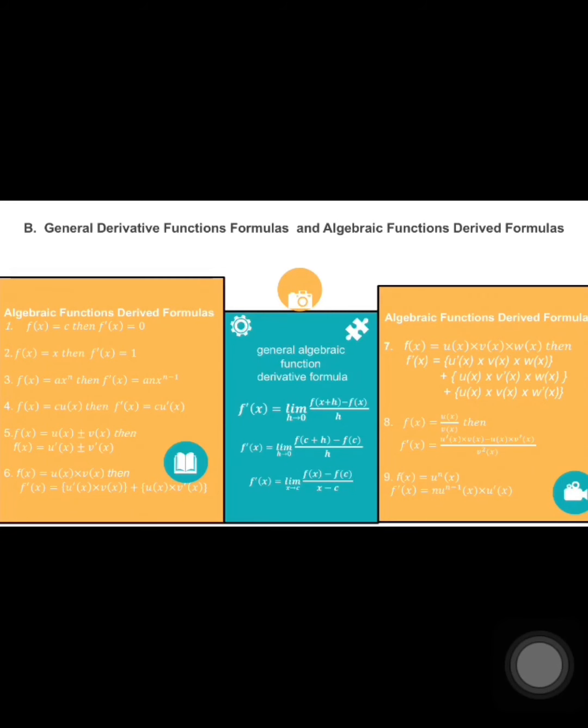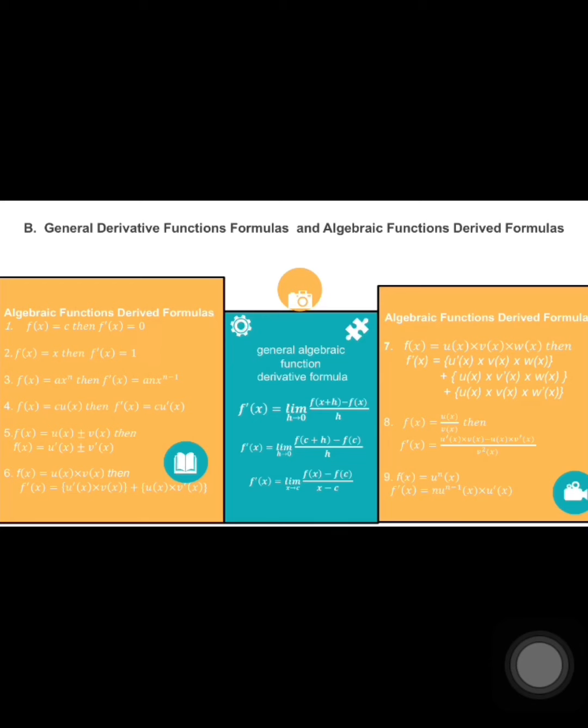The second, we discuss about special formula. I divide into 9 parts. Number 1, if f of x equals c, in here c is constant, then its derivative is 0. Whatever the number is, it will be 1,000 to million.